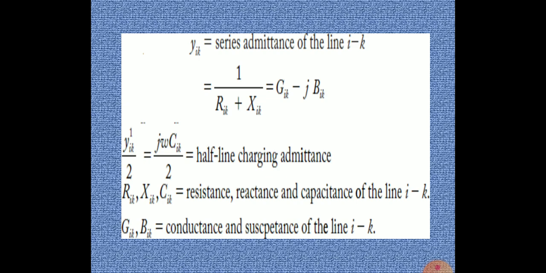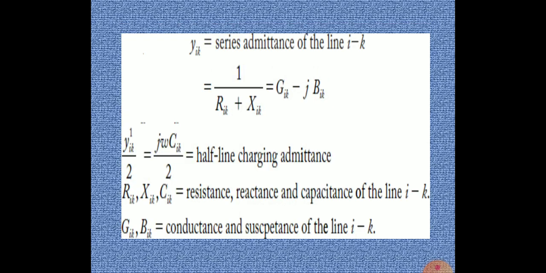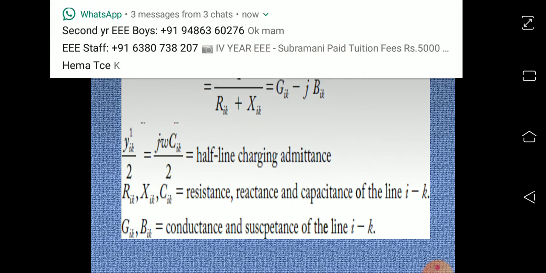G of IK and B of IK are the conductance and susceptance of the line I to K. The half-line charging admittance Y of IK dash by 2 has the equivalent value J of omega C of IK divided by 2, where R of IK, X of IK and C of IK are the resistance, reactance and capacitance of the line I to K. In the next slide, the values of G of IK and B of IK are obtained from this formula by equating the LHS and RHS.